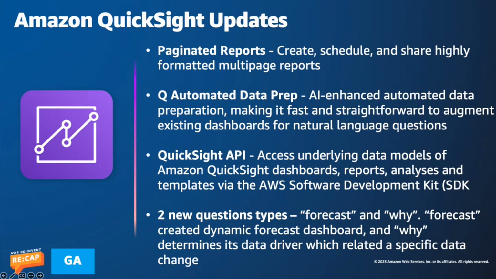We have automated data preparation for QuickSight Q, which is a new machine learning powered semantic inference capability in Amazon QuickSight Q. We have introduced the QuickSight API, which provides access to underlying data models using QuickSight dashboard report analysis. You may integrate it with the SDK into your DevOps pipeline if need be, and some other additional enhancements to the overall platform.